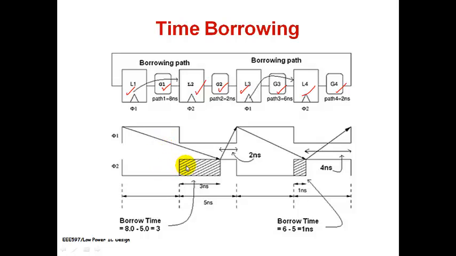Let us take, I have a certain logic what I have here, that path 1, it may be taking 8 nanoseconds to complete. So what I do, my time is from here to here, only 5 nanosecond. Whereas because of the facility what I have here as the latch, I may go for designing borrowing time into even the phi 2. The time of 3 nanosecond I could borrow.